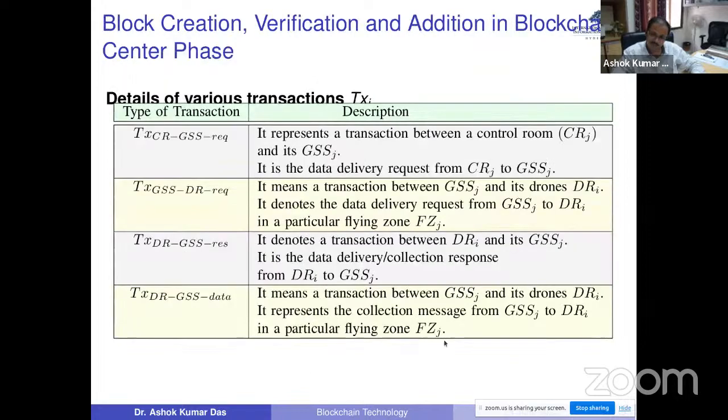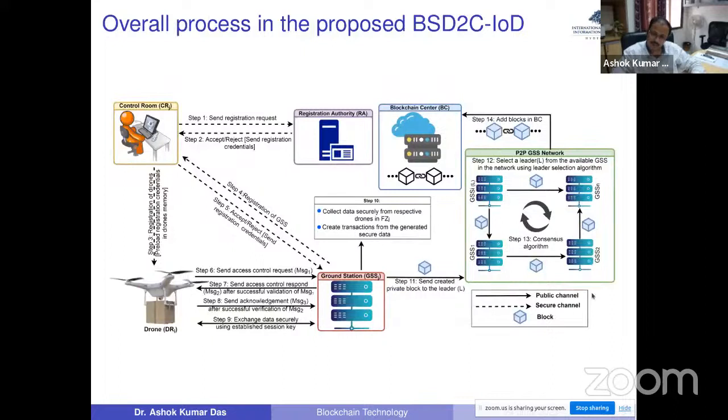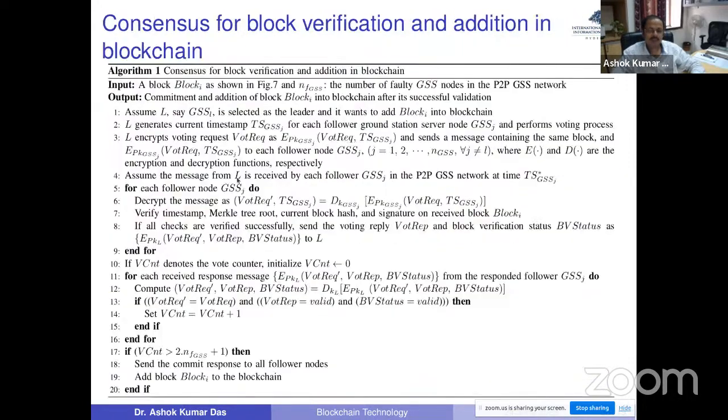the task comes of how to do the mining of that block in the P2P GSS network. In this case, we have considered our own voting-based consensus algorithm that relies on the PBFT algorithm, as follows.